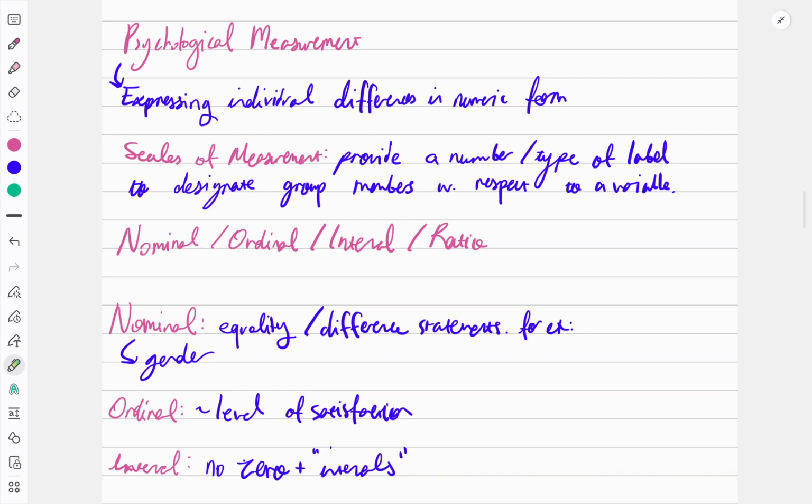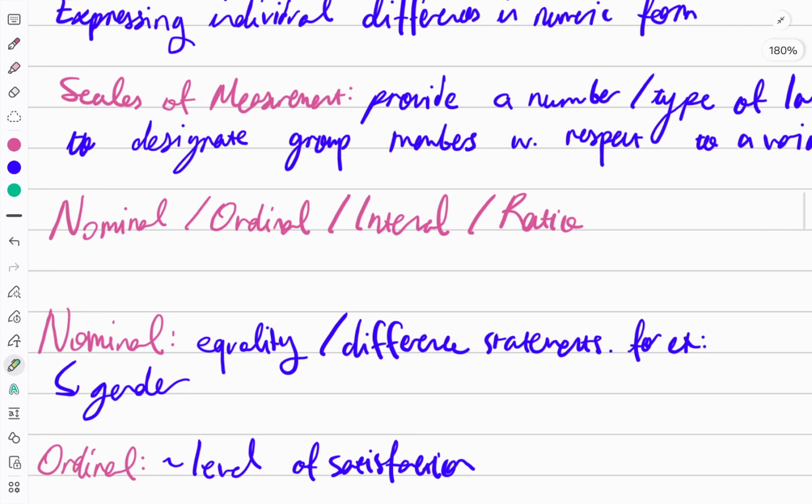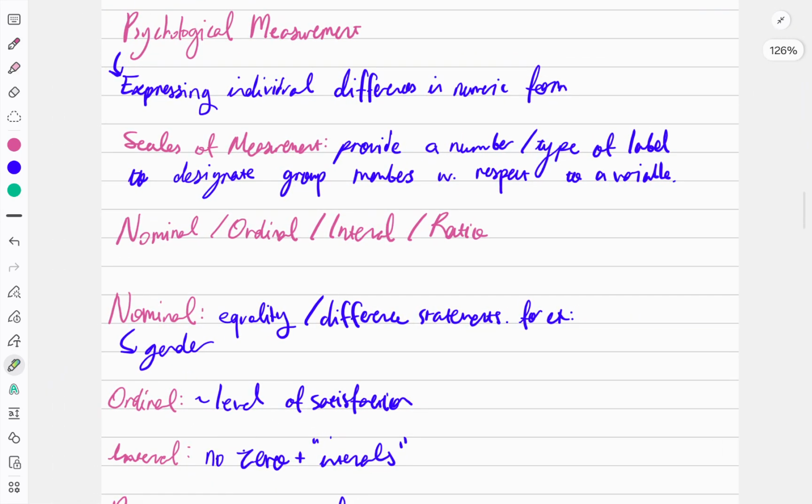Scales of measurement is providing a number or type of label to designate group members with respect to a variable. So we can have nominal scale or ordinal scale or interval or ratio. The difference is that nominal is based on names.